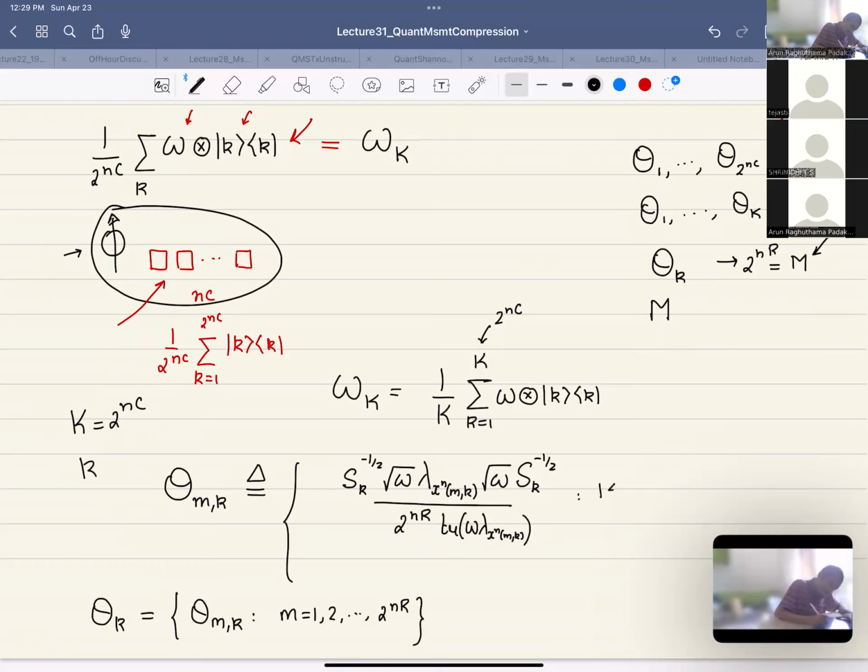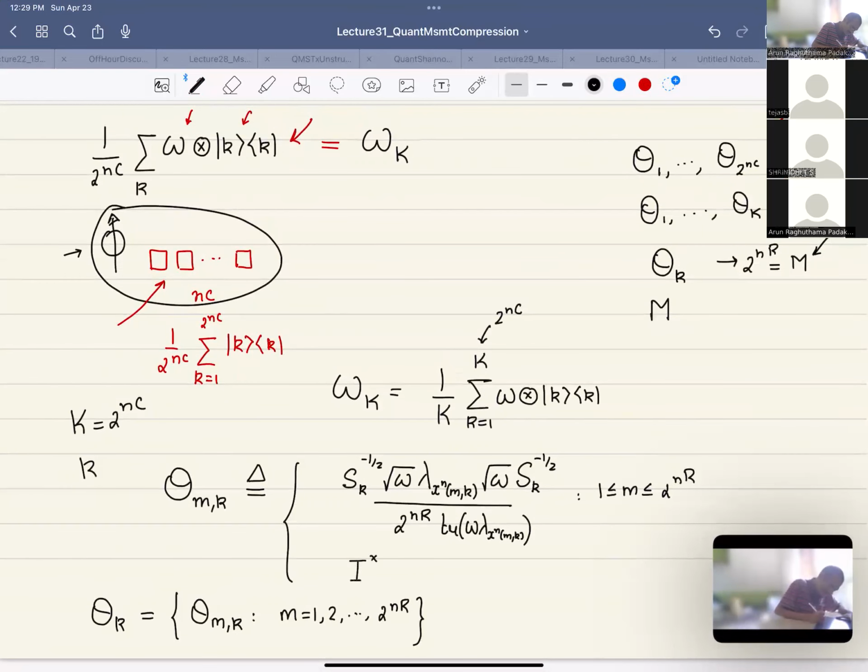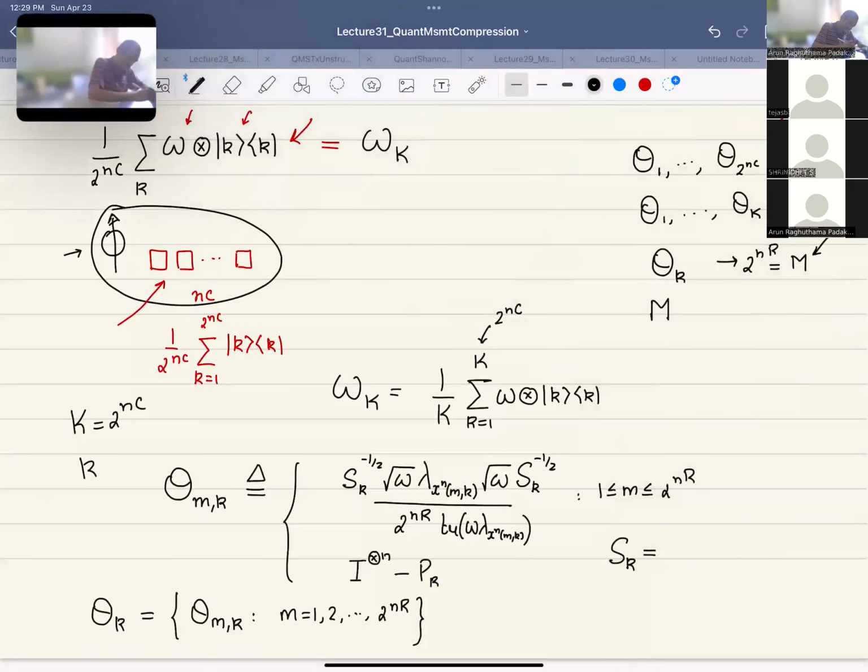This is 1 equal to m to 2 power nr. Then there is a null kind of a guy, just to ensure that the space is completed, minus pk. Okay. What is sk? Sk is just normalization. Just normalization. 1 by... no, it's just summation.